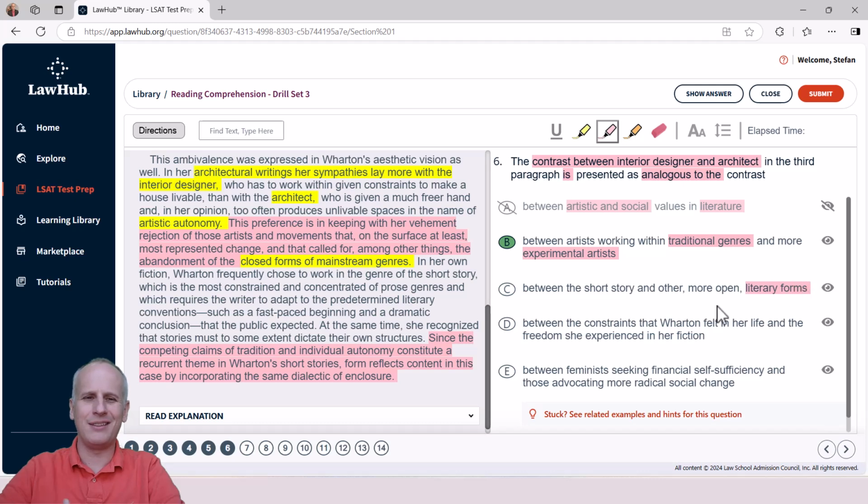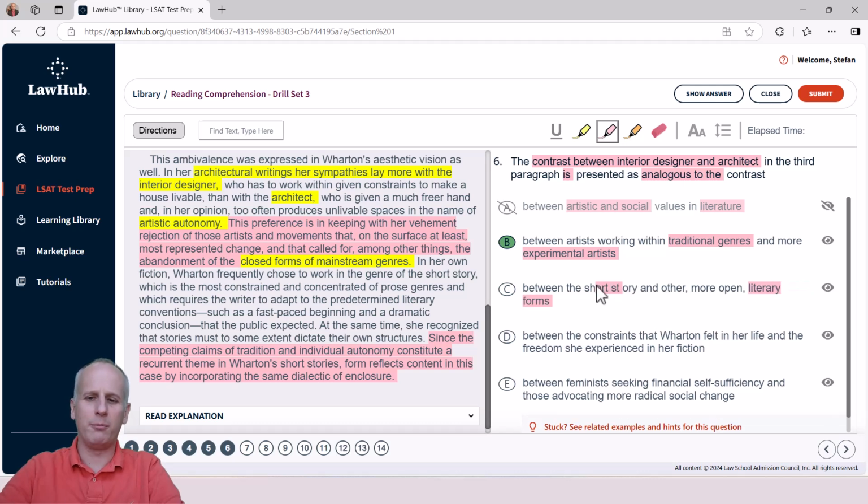Well, the issue isn't about the literary forms, and you have to be careful because obviously they're using the phrase short story, hoping that you're going to grab this trap that doesn't match our prediction, but does reuse language from the paragraph. So be careful, but we see why C is eliminated. Then choice D, between the constraint that Wharton felt in her life and the freedom she experienced in her fiction. Well, no, it's not about Wharton's life versus her fictional freedom.